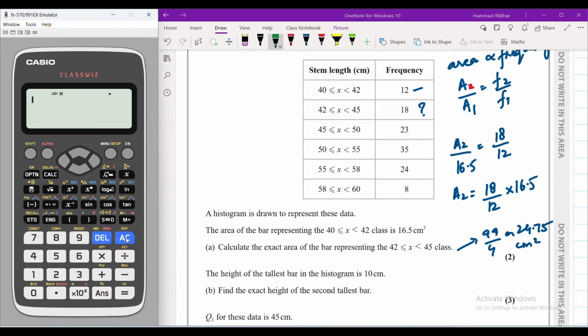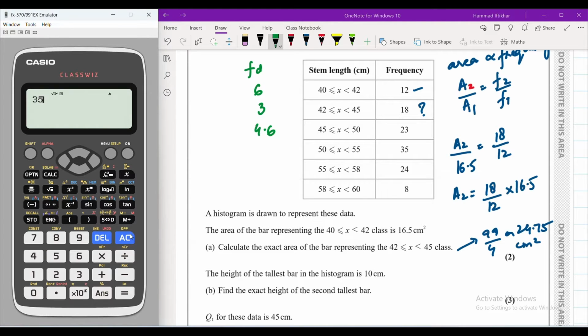So let's find out. 12 divided by 2, that is 6. Let's say this is a frequency density column. So this is 6. Then we have 18 divided by 3, 45 divided by 3. Then we have 23 divided by 5, 4.6.